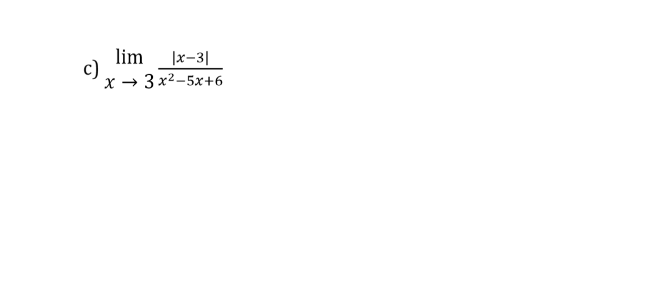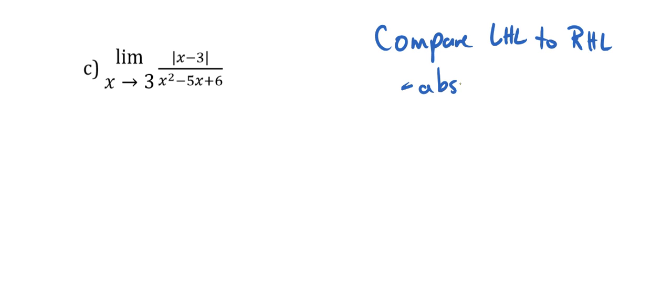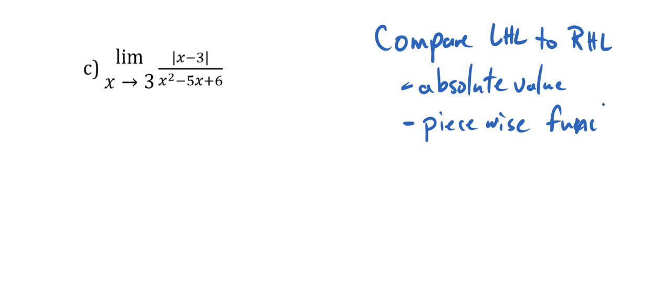We're going to call this strategy compare the left-hand limit to the right-hand limit. You don't need to know the names of these strategies. These aren't really formal names either. And we're going to use this for absolute value and for piecewise functions. You know what I mean by that?